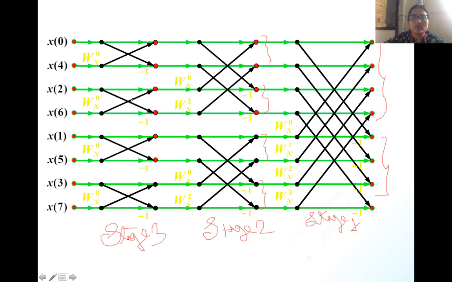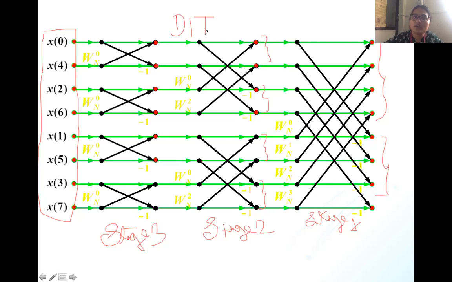So in this way, the entire algorithm shuffles the input values. The input values are in bit reversed manner. So for the algorithm, we will have to apply bit reversed values, but the output that you are getting is in the sequential order. Why is this called a decimation in time FFT algorithm?